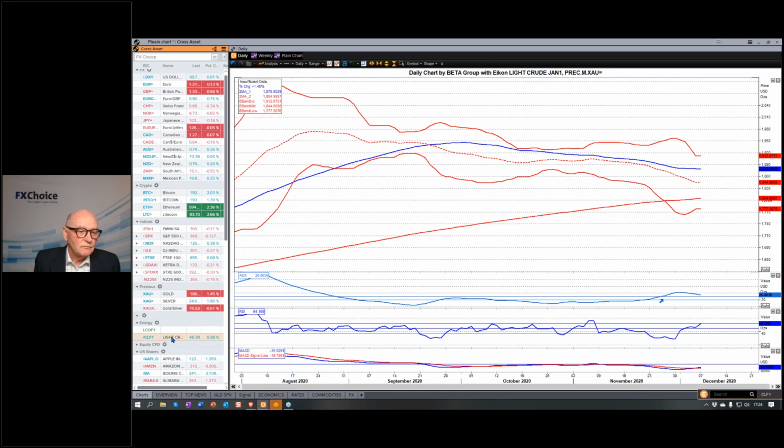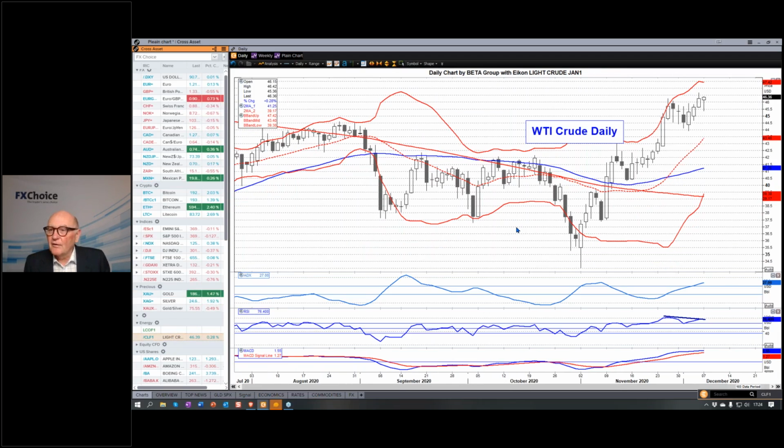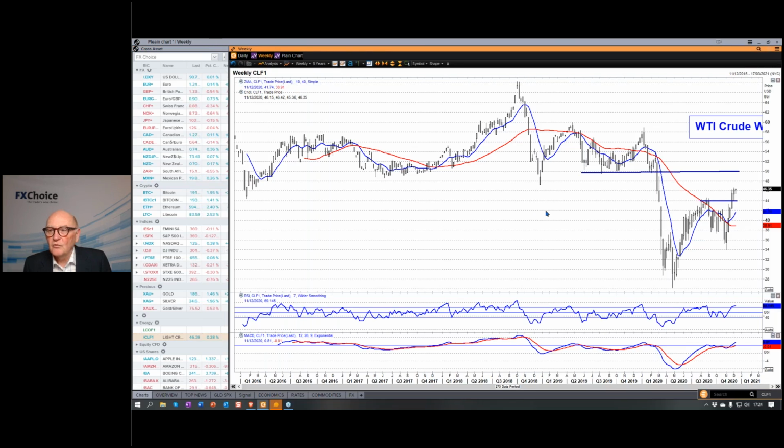Crude oil shot up powerfully, and this is WTI crude, and we've had a good run. We had a small pause here a week ago, but last week it was strong. Small divergence in the daily chart here that may not develop into anything other than a short-term pause, because I really think that there is nothing at all in terms of resistance between here and $50.